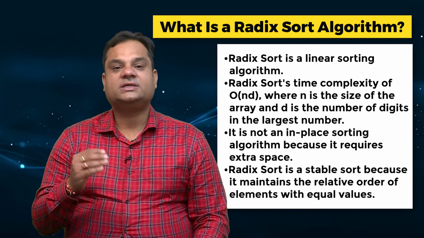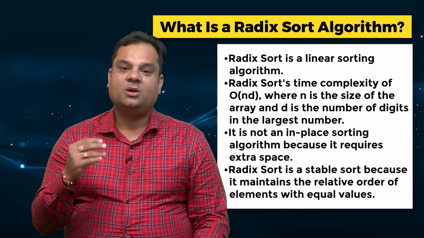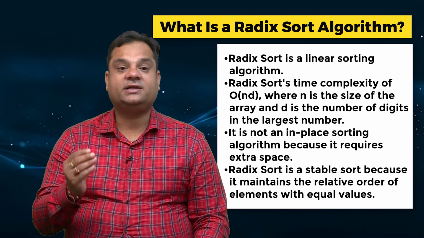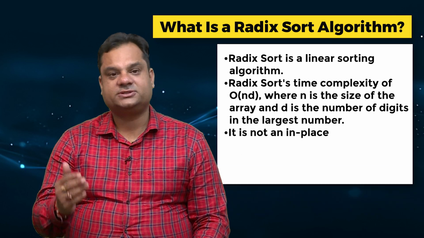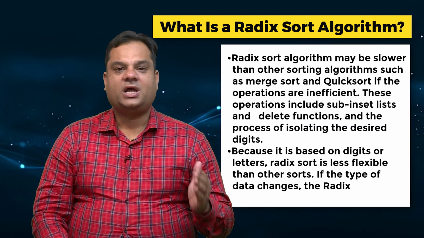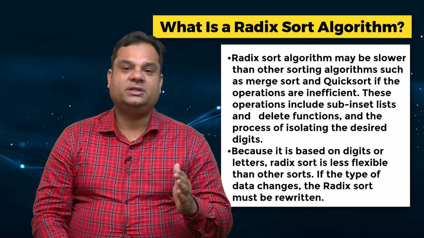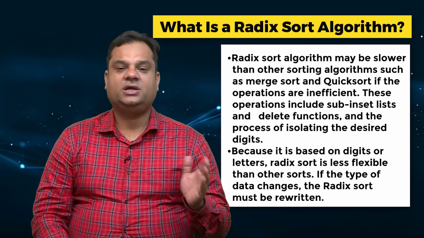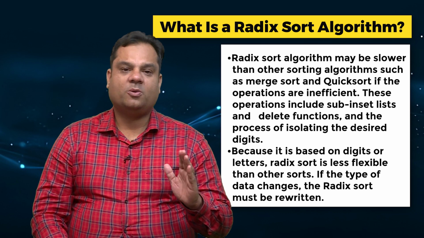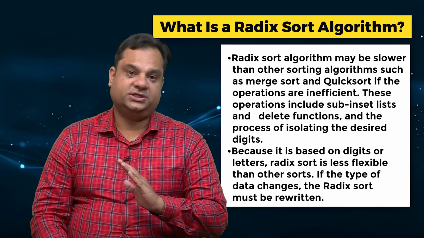Radix sort is a stable sort because it maintains the relative order of elements with equal values. Radix sort may be slower than other sorting algorithms such as merge sort and quick sort if the operations are inefficient.